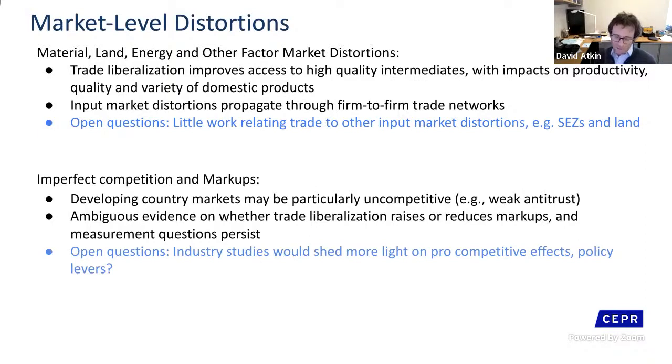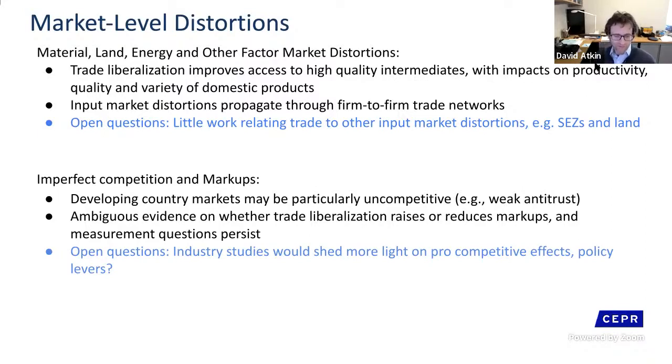Okay, so the next thing we talk about is imperfect competition and markups. This could go in a variety of places, and we've decided to place it here in the review. There's this idea floating around that developing country markets are particularly uncompetitive. Just as one example, we think antitrust enforcement is almost entirely absent. But we actually have surprisingly little evidence one way or another for whether these markets are more uncompetitive.